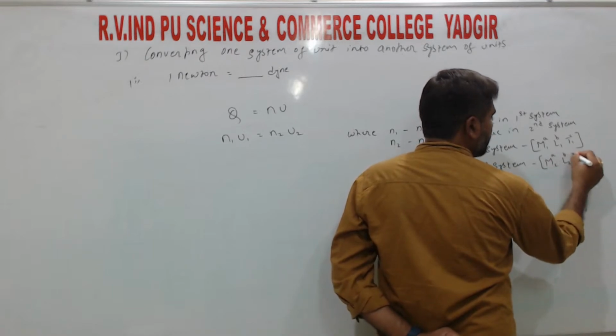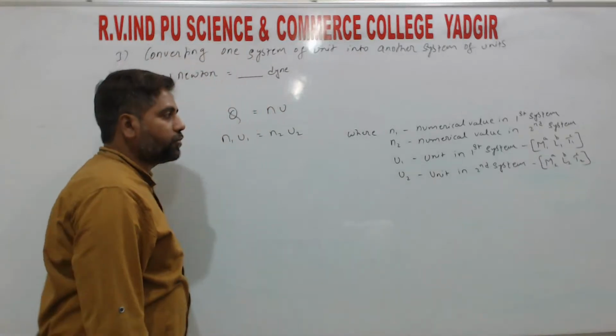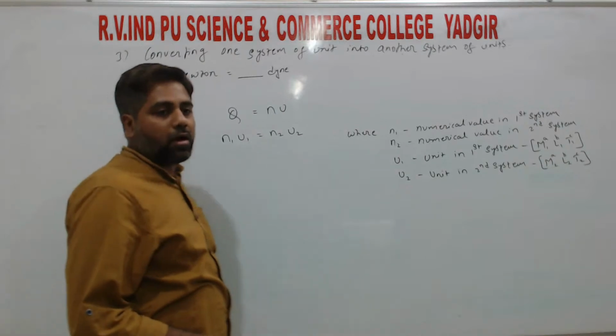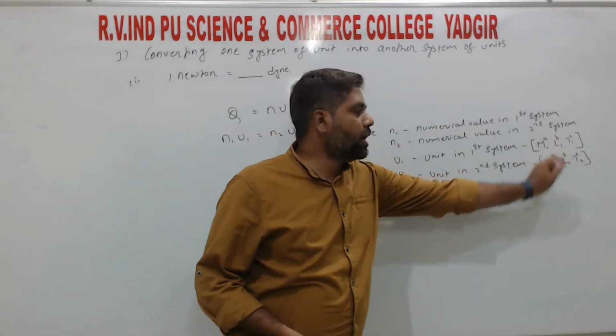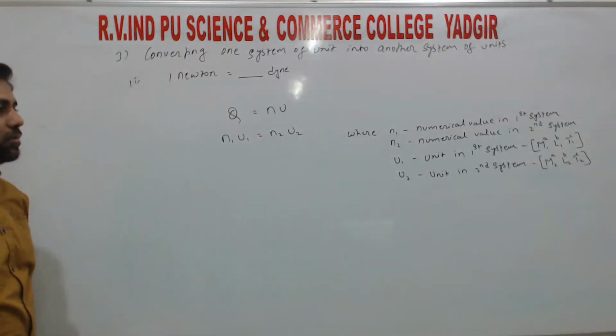Again its powers are a, b, c. Why it is a, b, c? Because the dimensions of the same physical quantity on either side will always remain the same. Hence here we can take a, b and c in both the cases.